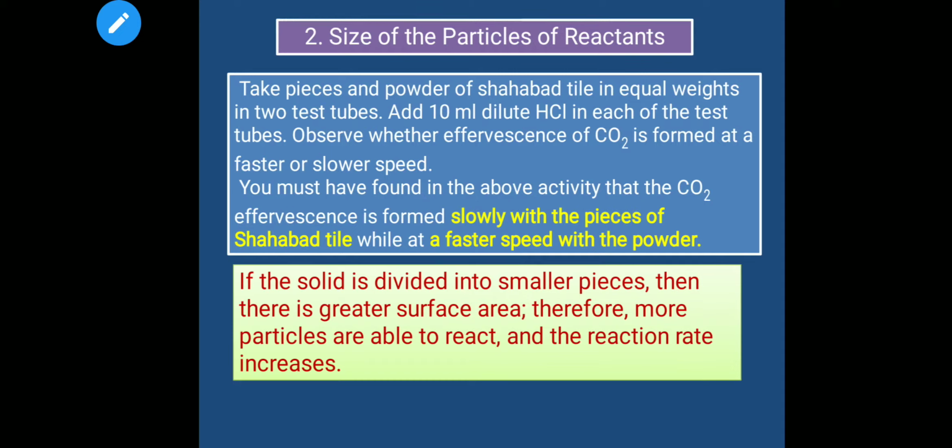You must have found in the above activity that CO2, carbon dioxide, effervescence is formed slowly with the pieces of Shahabadi tiles, while at a faster speed with the powder.